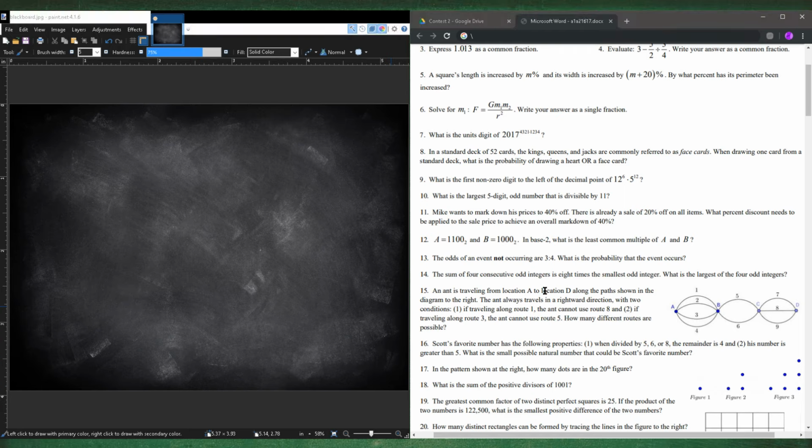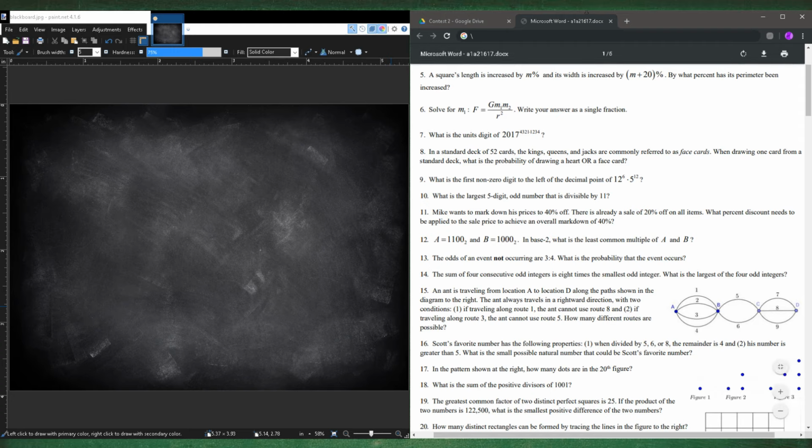Okay, number 13. The odds of an event not occurring are 3 to 4. What is the probability that the event occurs? So the odds of it not occurring are 3 to 4.